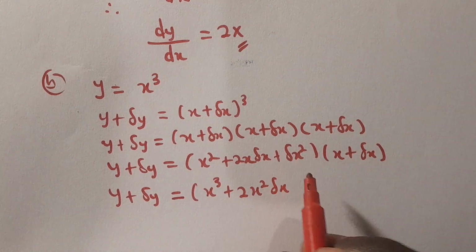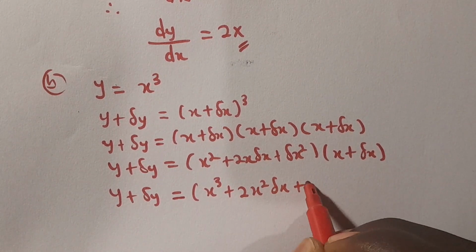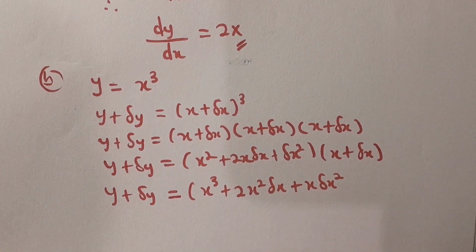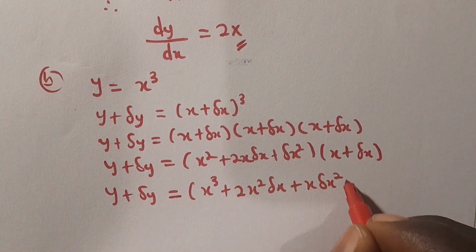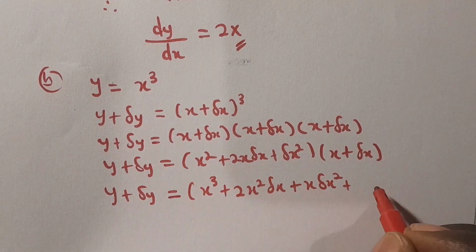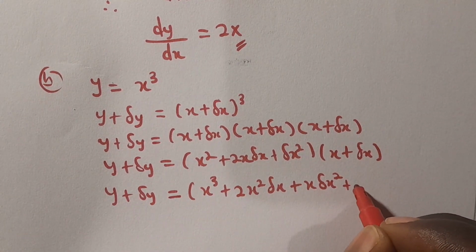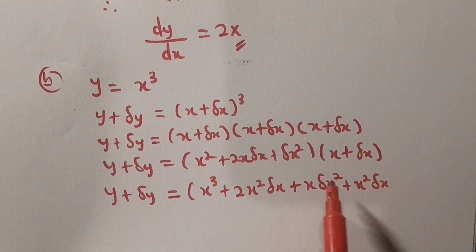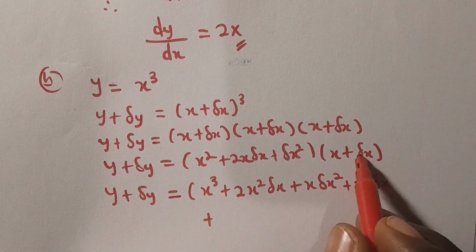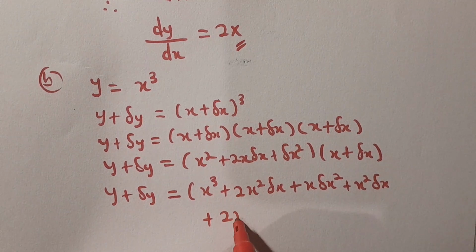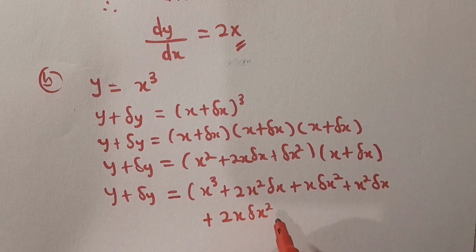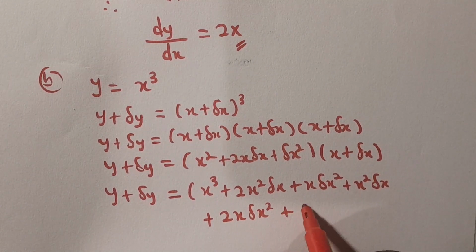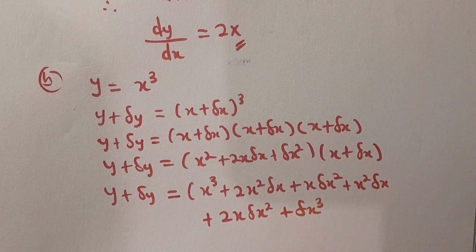Then x multiplied by this again, we have x change in x squared. So plus, when we use this to open this, we have x squared change in x, plus when we multiply this, 2x change in x squared. When we multiply this, we have change in x cubed.